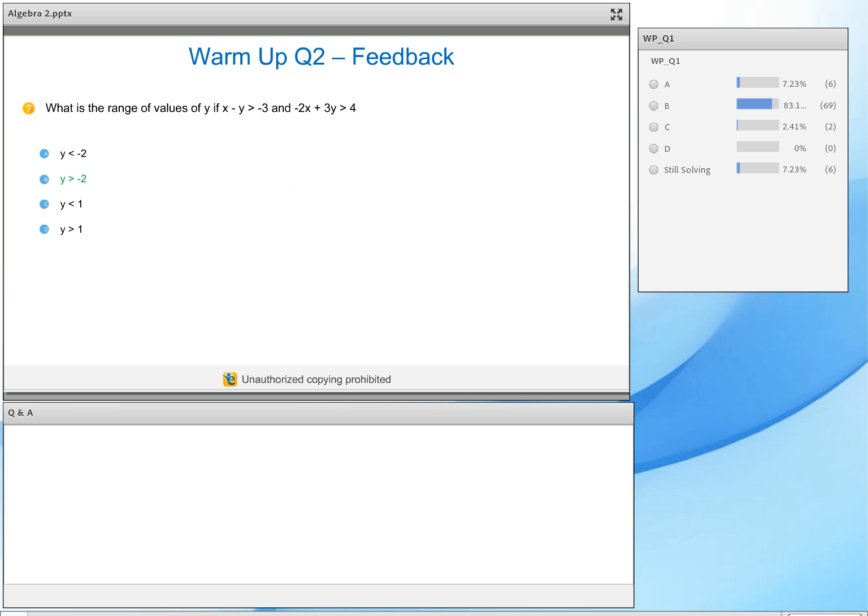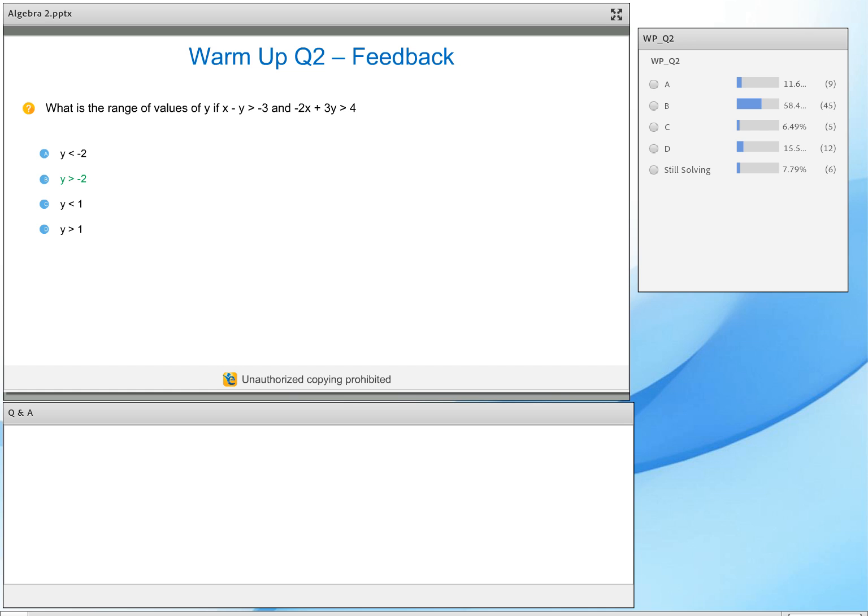Now let's take a look at the second question here. In this question, things started to get a bit interesting. This question also requires you to know how to solve inequalities. What we need to find out is the range of values of y given the two inequalities, so you have to solve a system of linear inequalities.